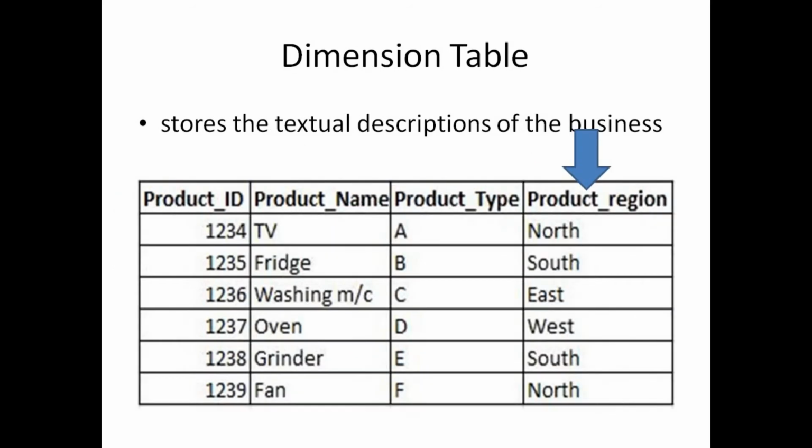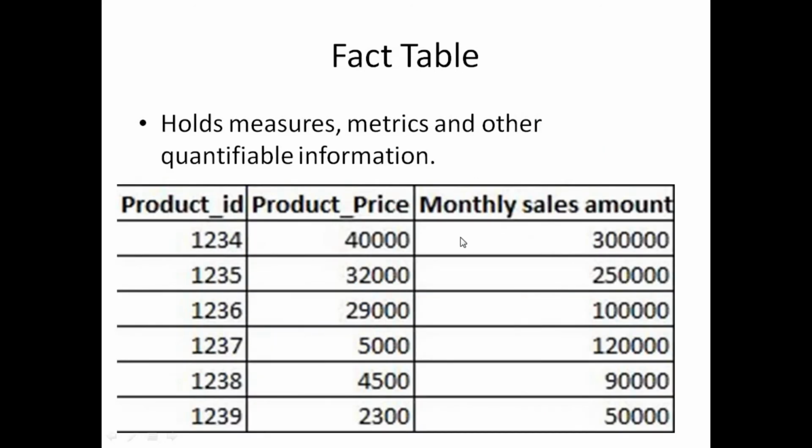Here they have the product name TV, and in this table we have monthly sales amount. So by joining those two tables, we get the product name and monthly sales amount by using foreign key and primary key relationships.